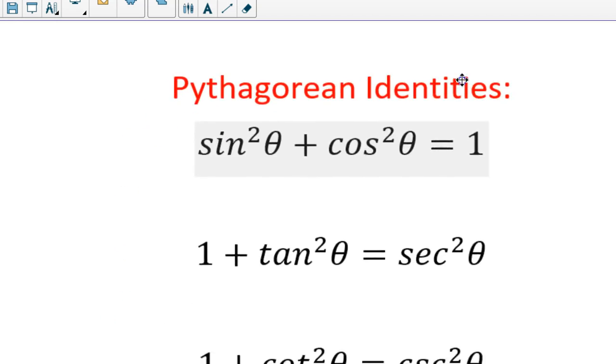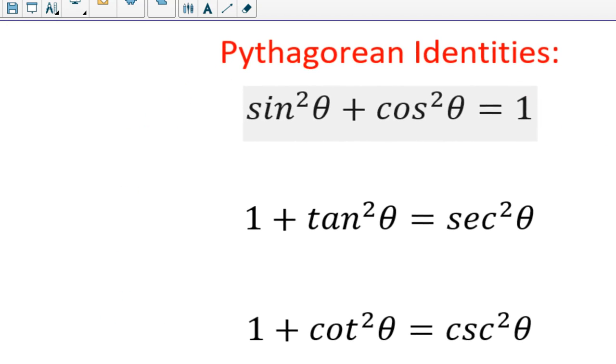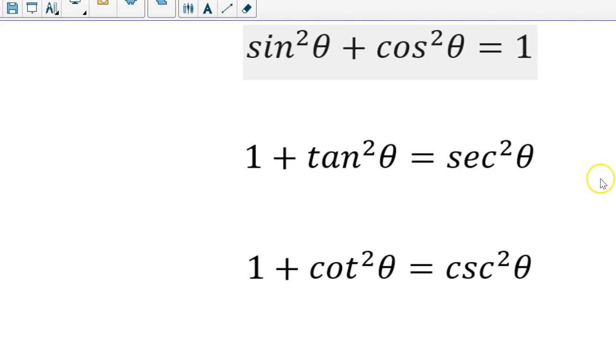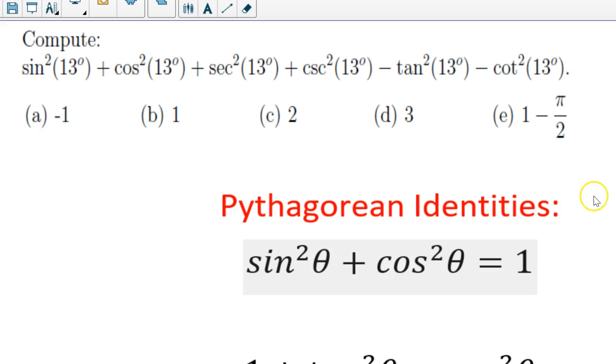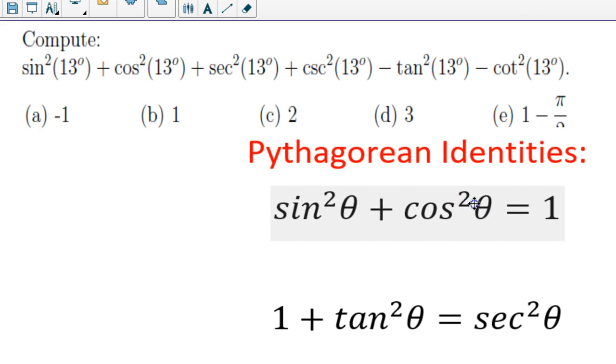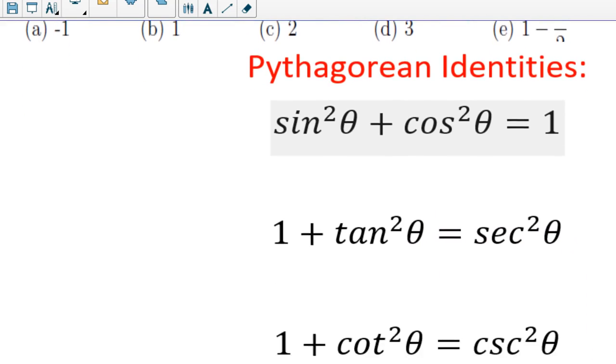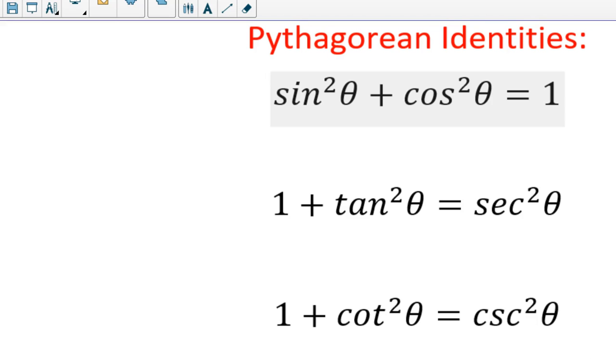right? The first one is sine square theta plus cosine square theta is equal to 1, and second, it is 1 plus tan square theta is equal to secant square theta, and the third one is 1 plus cot square theta is equal to cosecant square.